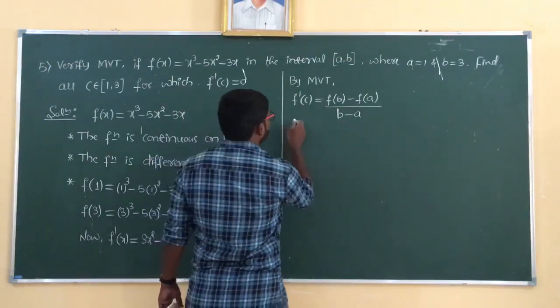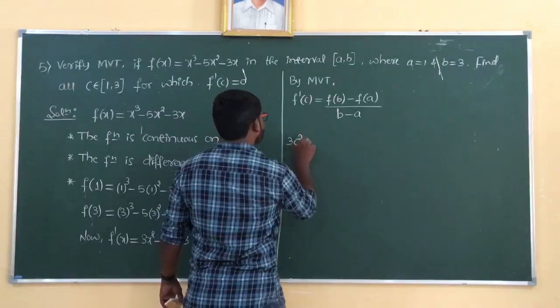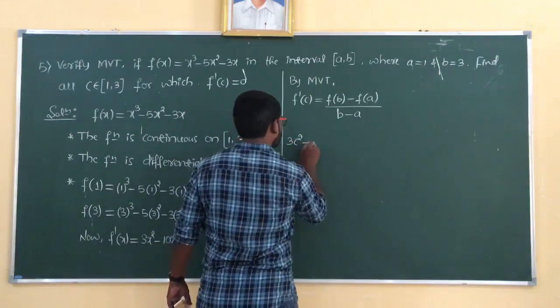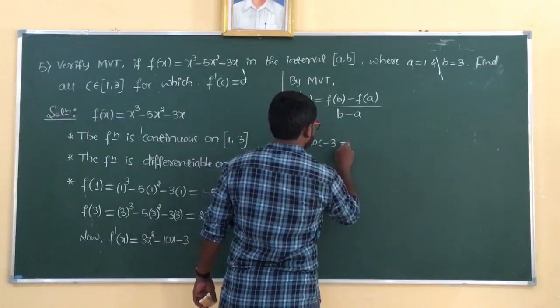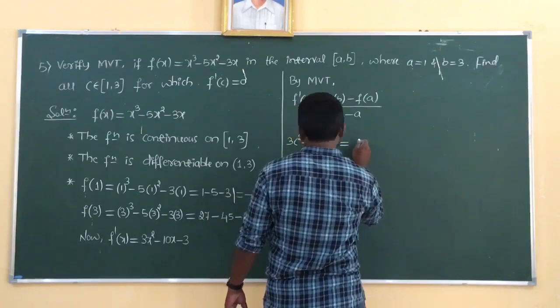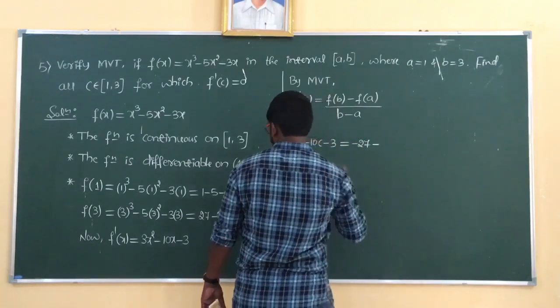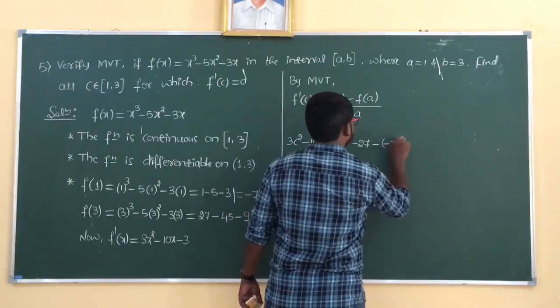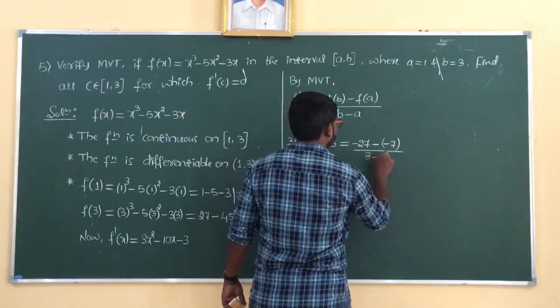So now what is f dash of c? 3c square minus 10c minus 3 is equal to f of b, it is minus 27, then minus f of a, it is minus 7, divided by b minus a, that is 3 minus 1.